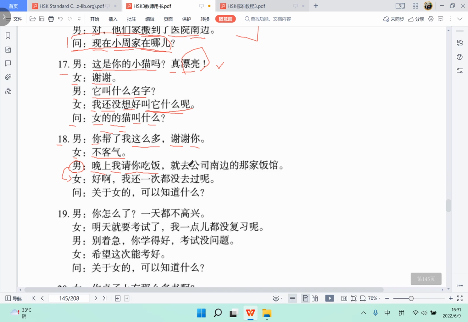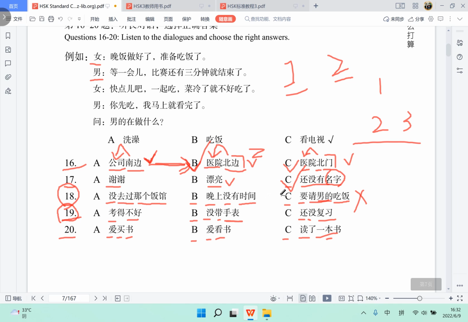And they said 就去公司南边的那家饭馆吧, just go to that restaurant on the south side of the company. 好啊, good, 我还一次都没去过呢, I still haven't been there even one time, so 一什么什么都没. And 关于女的可以知道什么, about the woman, what could we know? So C is wrong and B we haven't heard, and A, 没去过那个饭馆, completely never, right, so A.